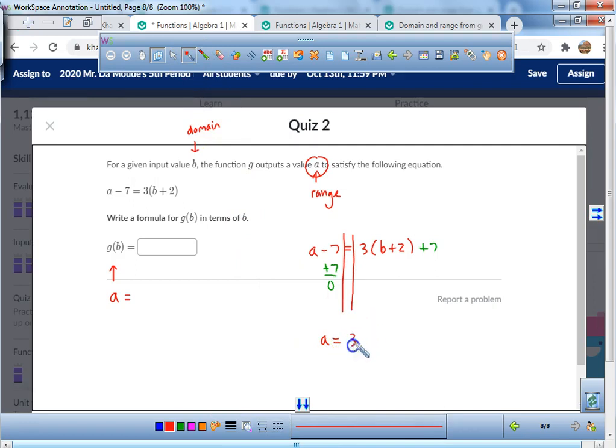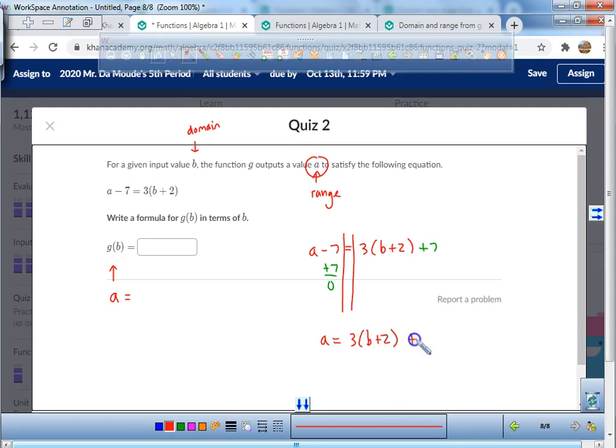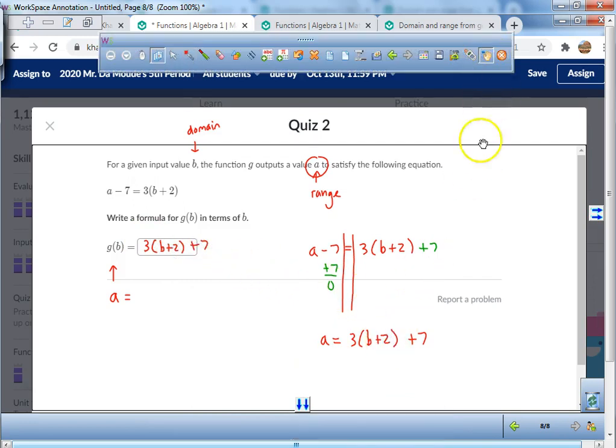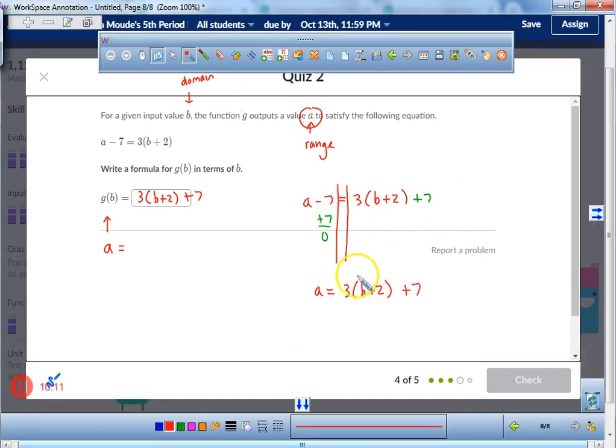Now, technically, this right here is an equivalent expression. I mean, it didn't say write simplified, so I could technically just do 3 parentheses b plus 2 plus 7, but you know, people would probably highly frown on that, so I'll go ahead and simplify it.